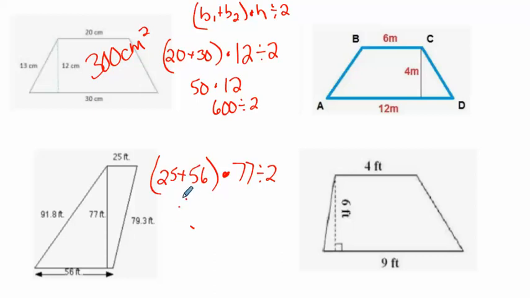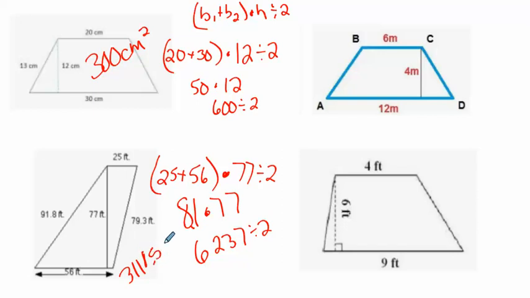I didn't think that sounded right. 81 times 77 equals, holy moly, 6,237. Then divide by 2. So it is 3,118.5 square feet.